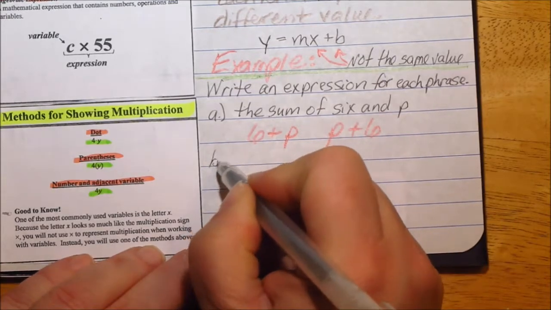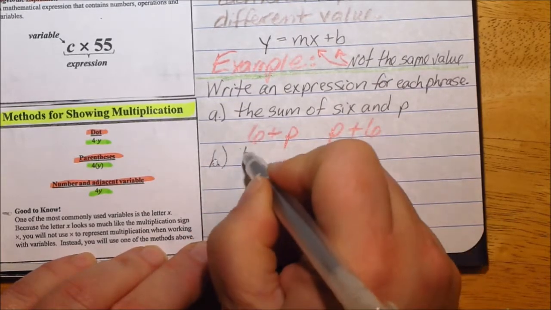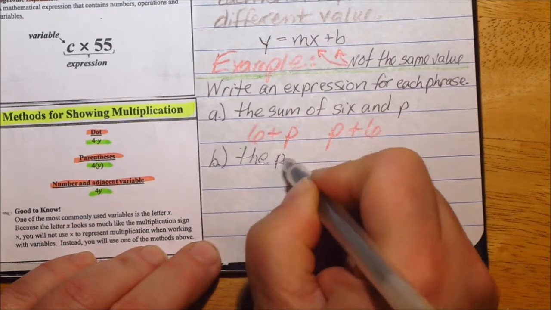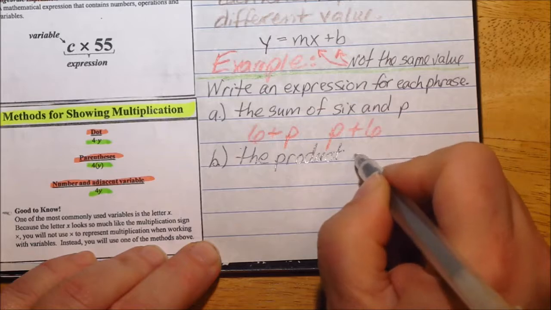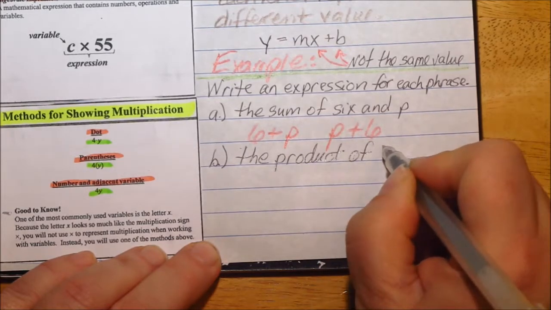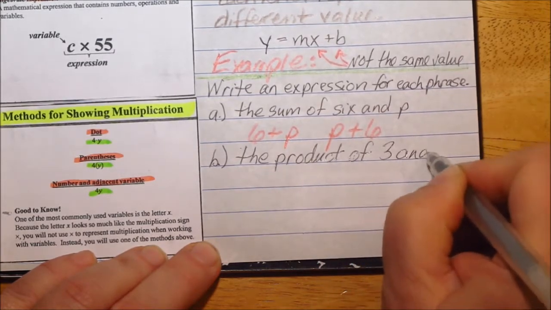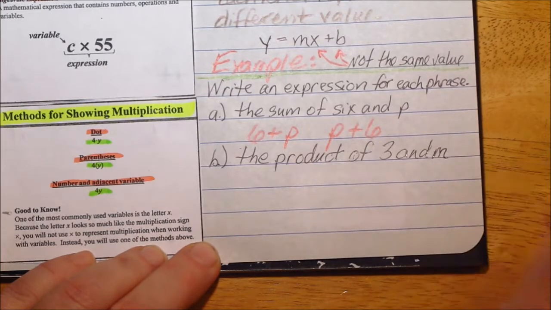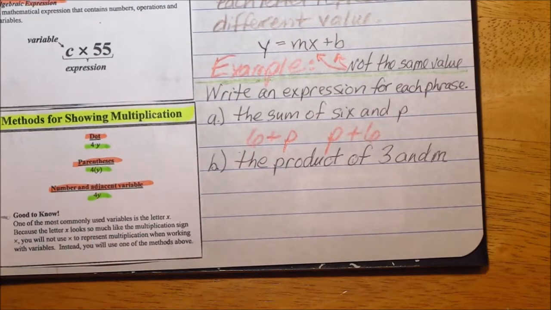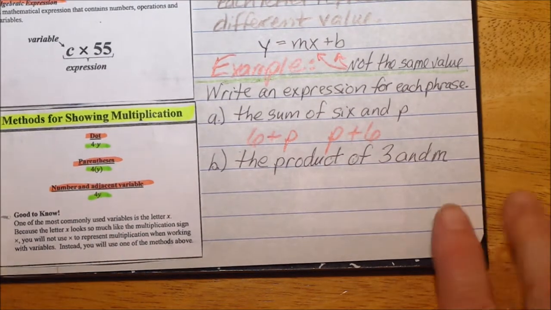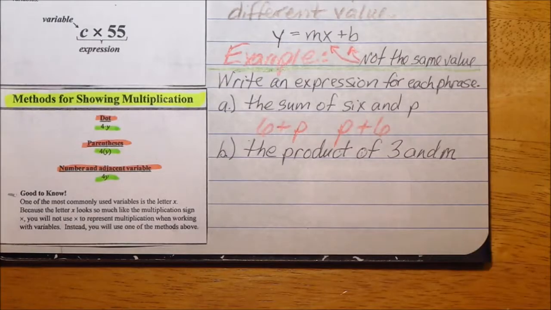Okay, B. Let's try the product of 3 and m. All right, the product of 3 and m. Well, let's remember that product means multiply. And what did we learn over here about the different ways we can show multiply with variables?